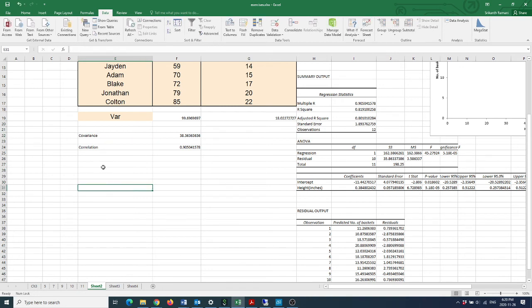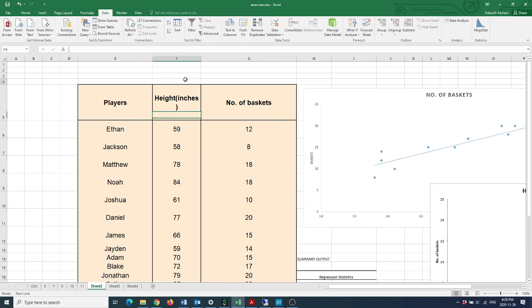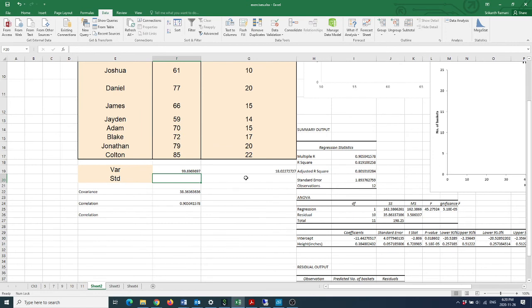How do you also calculate correlation manually, in some sense? We're not going to go through all the processes, but we're going to start with the covariance. We have the variance over here. Let's also find the standard deviation of each of these variables. Let's call them variable x and variable y. This would be the square root of the variance, and so these are the respective standard deviations.